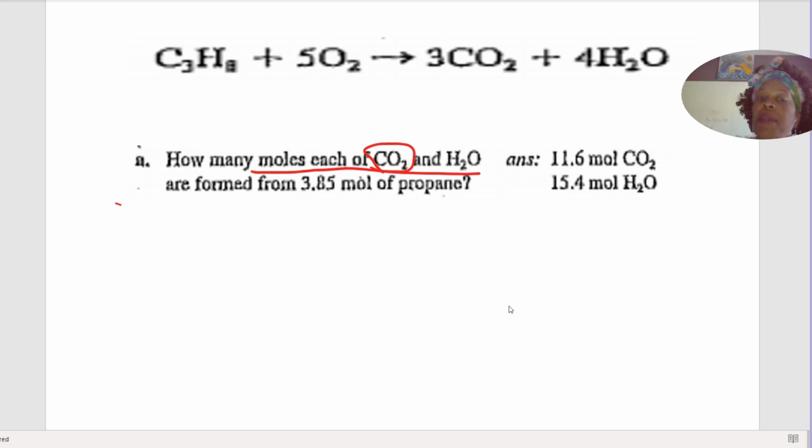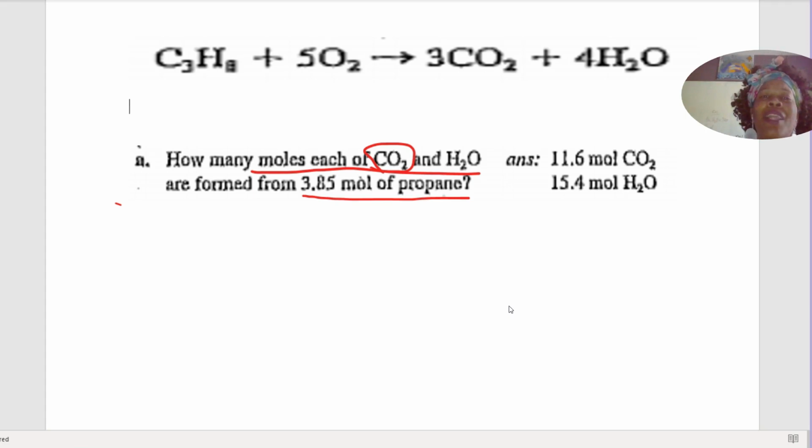How many moles of carbon dioxide are formed from 3.85 moles of propane? So they've given me that first number, 3.85 moles of propane. Now look here, if you don't know what propane is, I need you to start over in chemistry, okay? You know it's not oxygen right here. You know it's not carbon dioxide, and you know it isn't water.